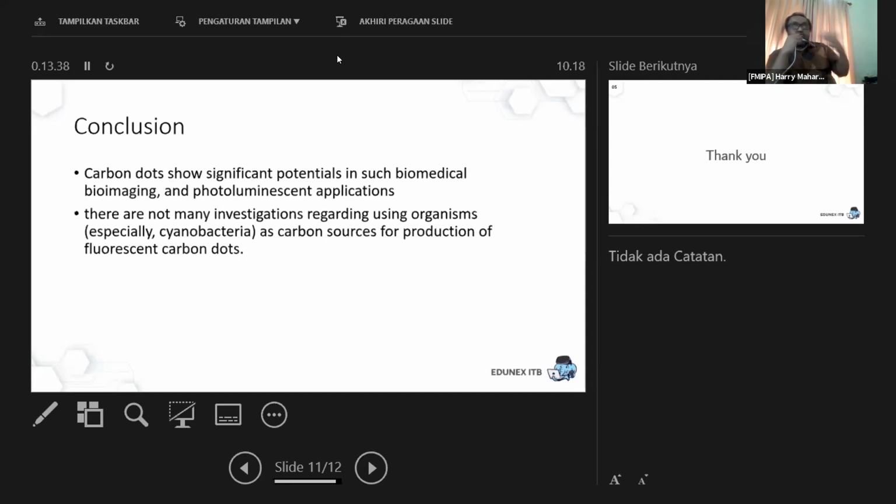Okay, if there's no question, is it in the paper that you cite for this assignment? Are there any projections or plans for the application of carbon dots, for example, in the treatment of injuries?